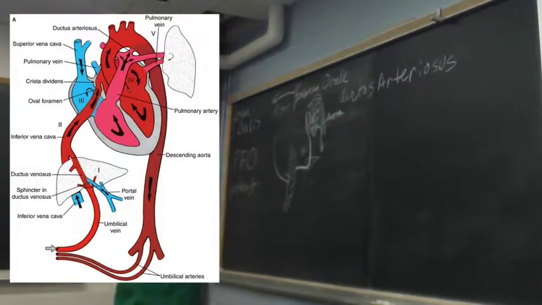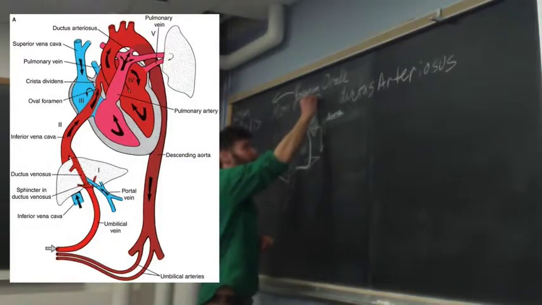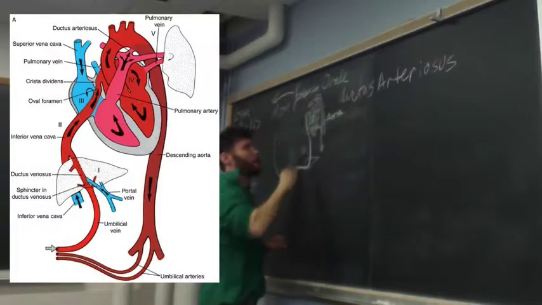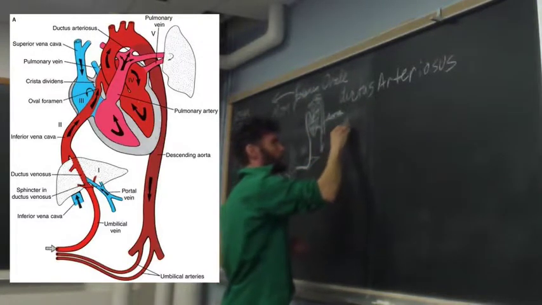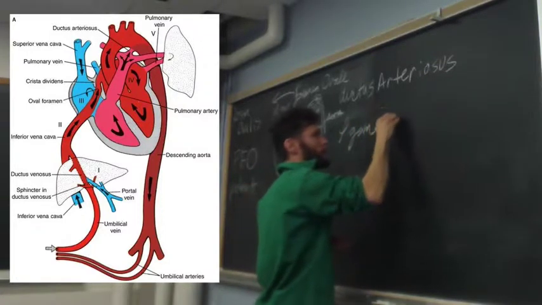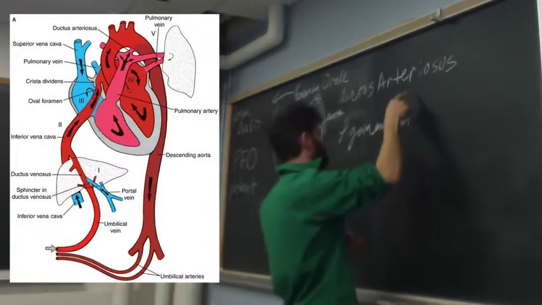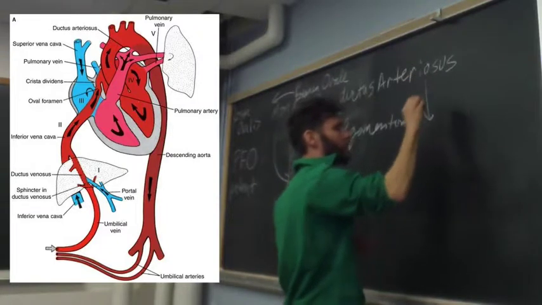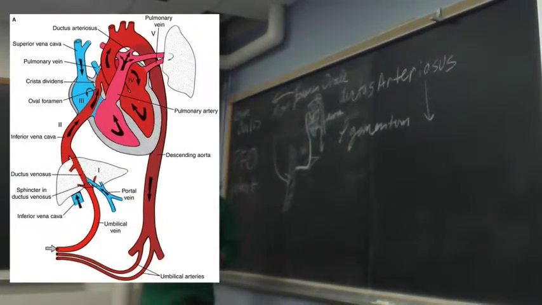It just clamps down really hard, and all of the smooth muscle cells eventually just deteriorate, and all that's left is a ligament, and we call that ligamentum arteriosus.